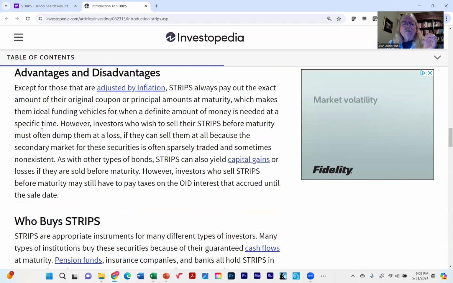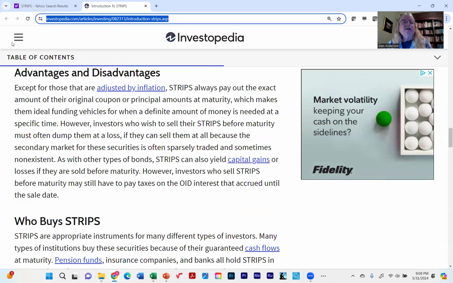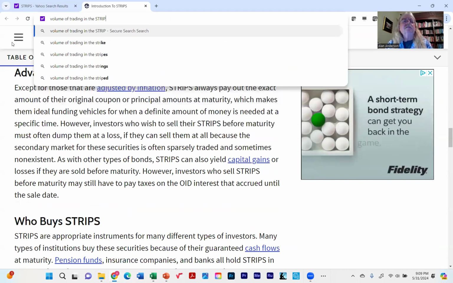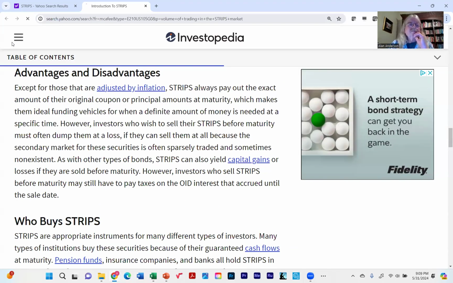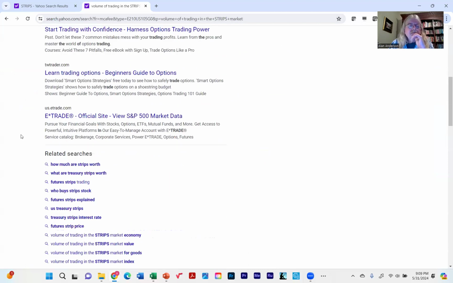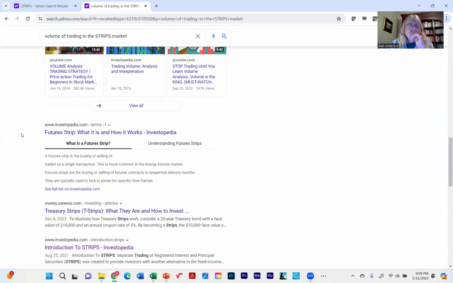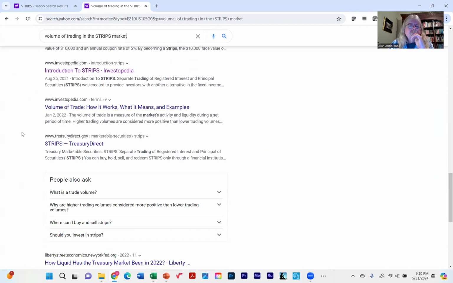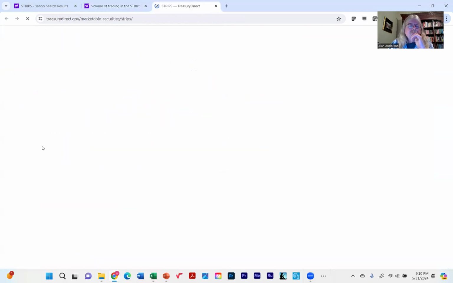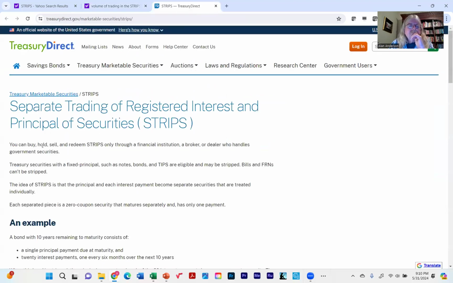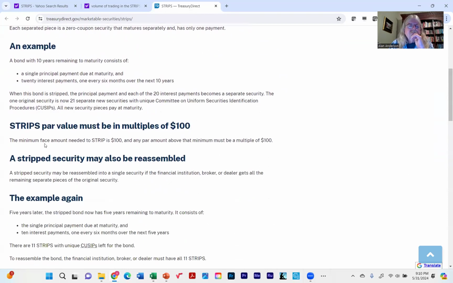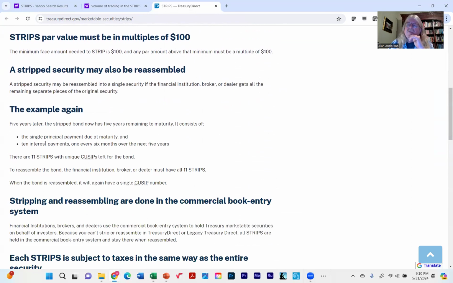And I don't know if we can look up the volume of trading in this market. By the way, here's a really bizarre feature.